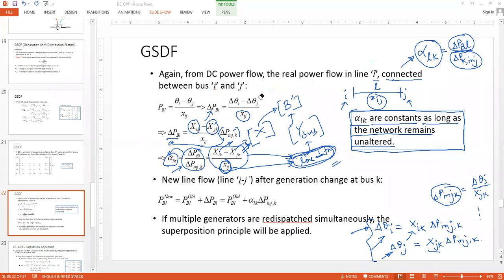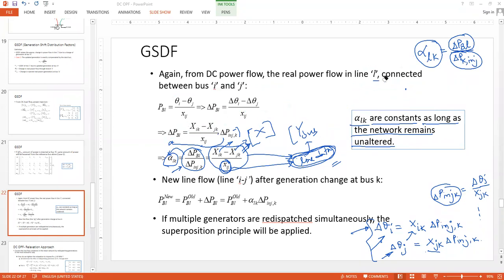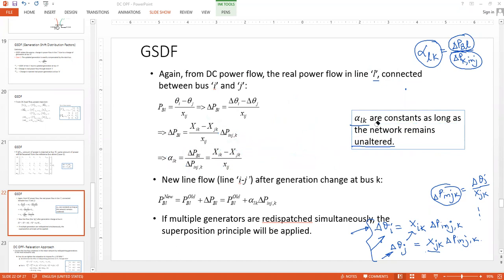So now that we have obtained the expressions of alpha Lk, we can use these expressions to find out the new line flow. What does it mean? It means we are trying to find out PBL new.